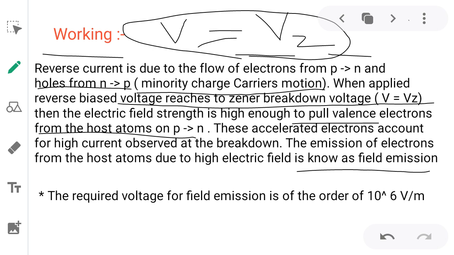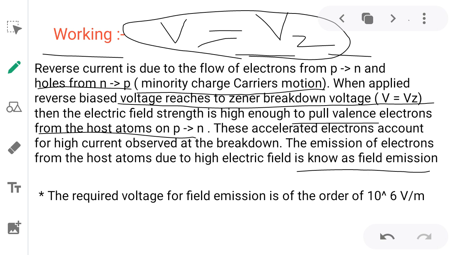Working is clear. Reverse bias means motion of the minority carriers, electrons from P to N and holes from N to P. When we increase the voltage, if it reaches a breakdown voltage, the field strength inside the diode becomes high, and this field is utilized to pull the valence electron from the host atom.